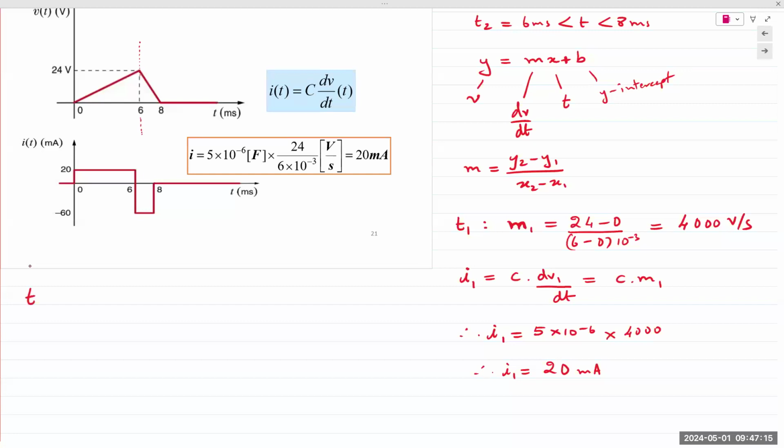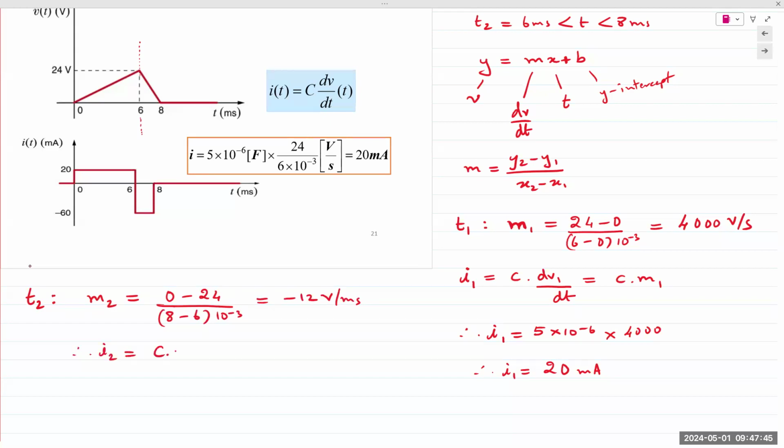For time period T2, M2, and again, I'm going to take the two endpoints. So now I have 0 minus 24 divided by 8 minus 6 milliamps, which gives me minus 12 volts per millisecond.